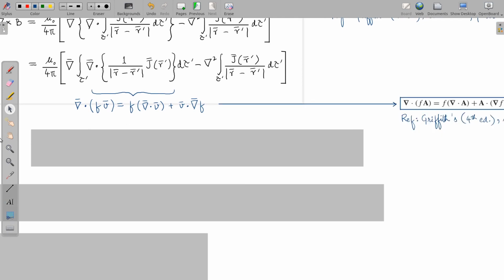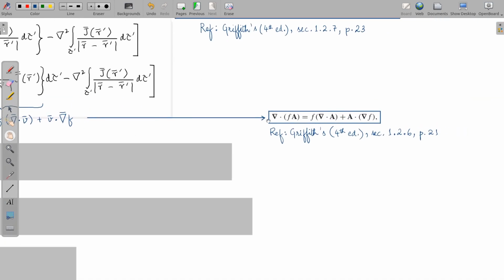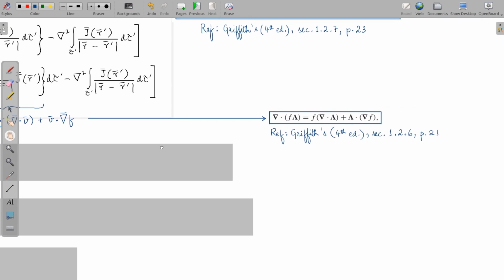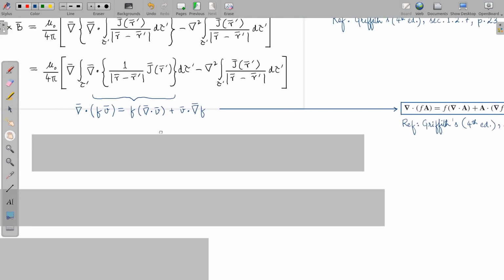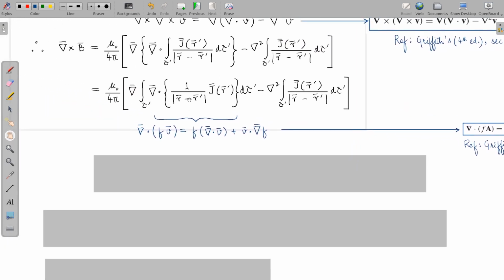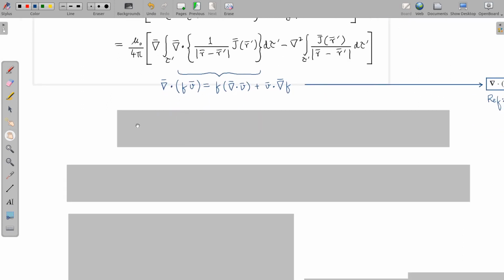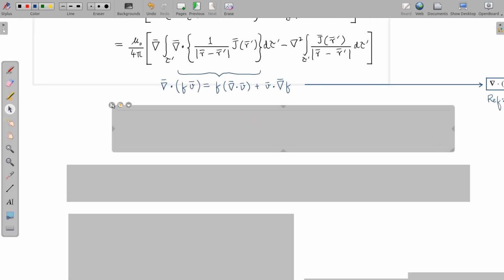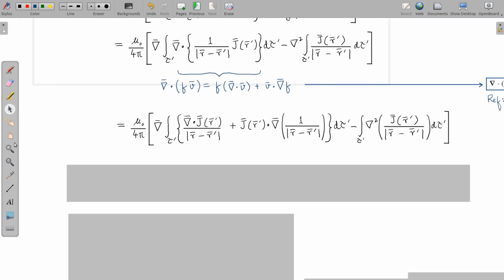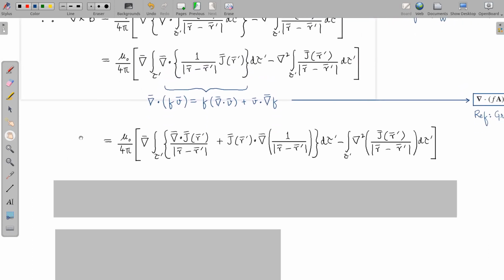This again is a result which I have picked up from Griffiths, so you can refer to this particular equation there. This is exactly the same thing that we are doing over here. So we can split this into these two parts. It leads us to a very ugly looking expression, but we'll simplify this even further.